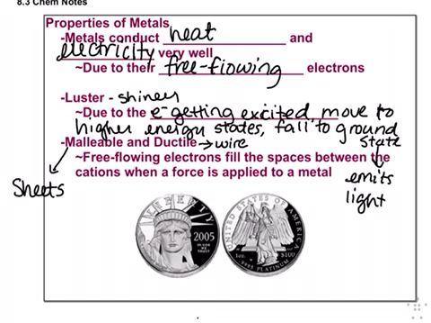So instead of shattering like the ionic compounds because of the similar charges repelling one another, the free-flowing electrons will fill the spaces between the cations to prevent this shattering from happening, so they kind of become more flexible, so to speak.